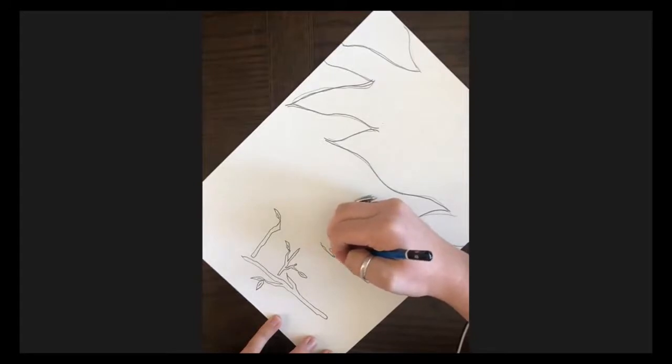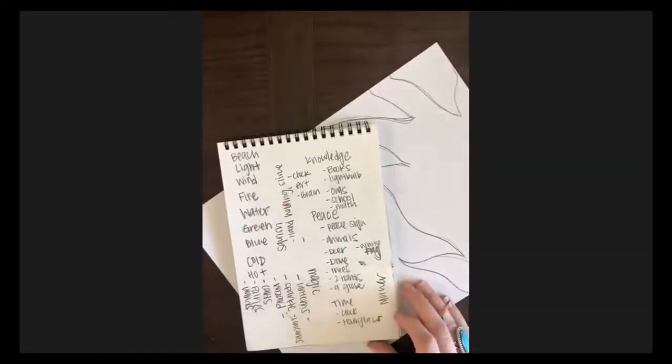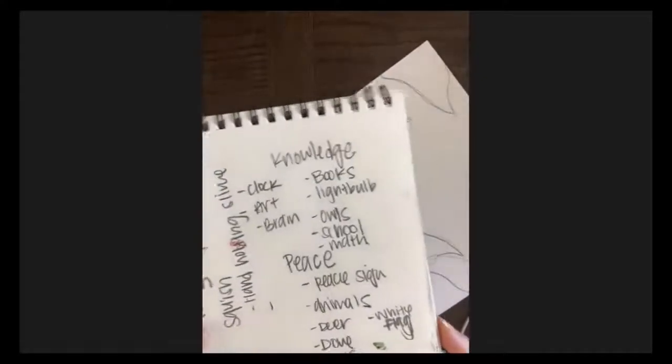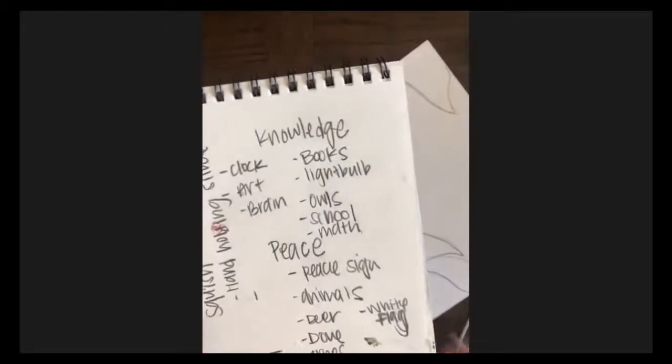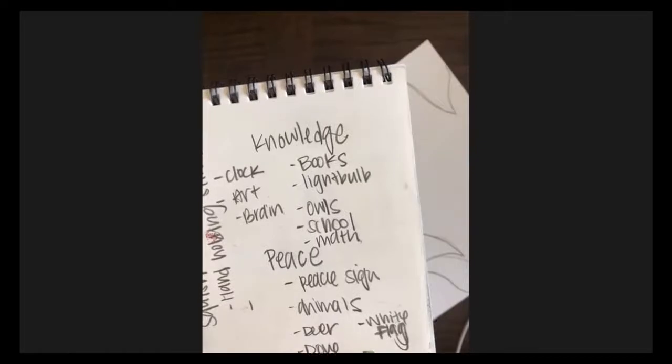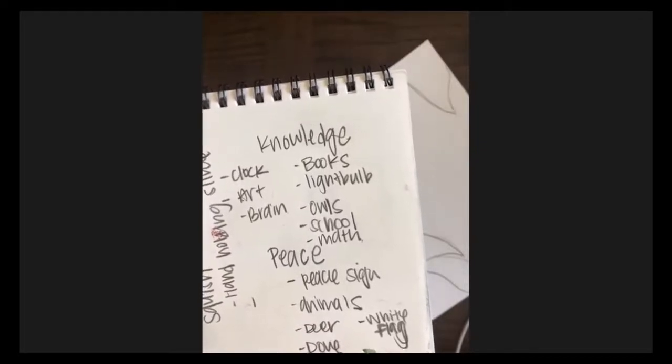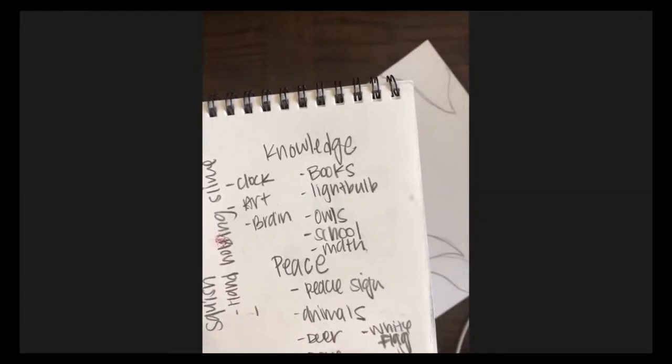Kat has her hand raised. How's it going, Kat? What were the words for knowledge again? Sorry. No, you're good. Here, I'll put it back up here. You've got books, light bulb, owls, school, math, a clock, art, brain.